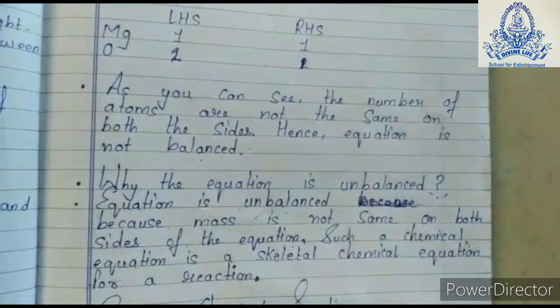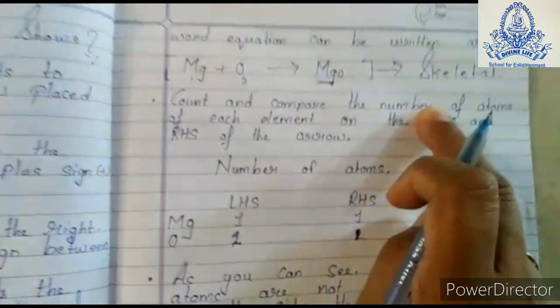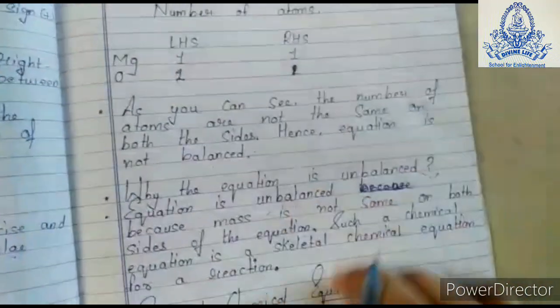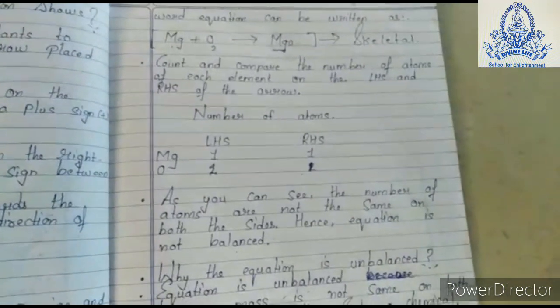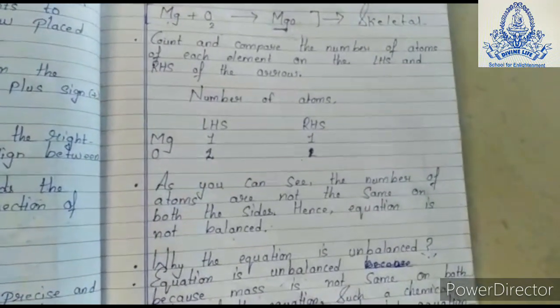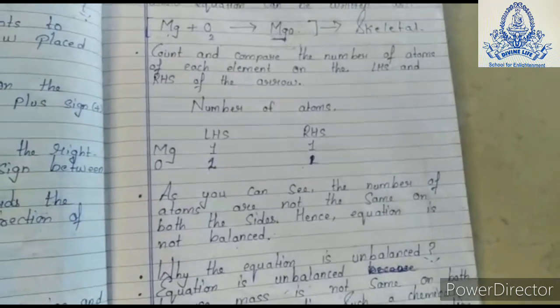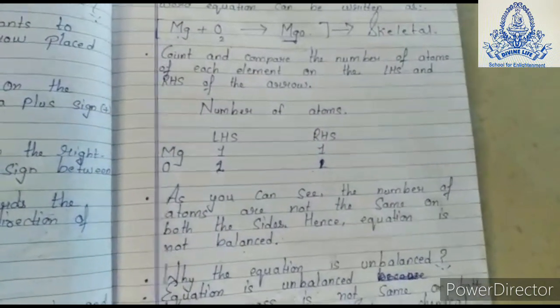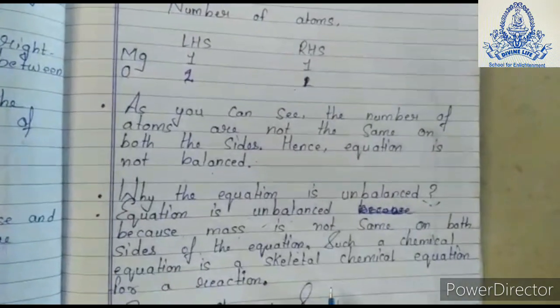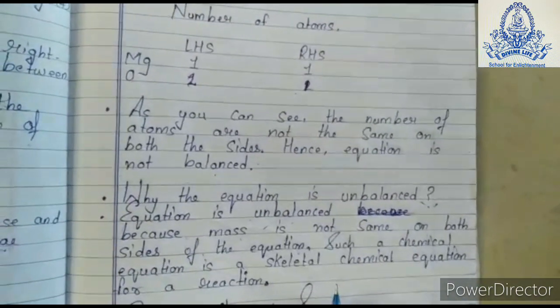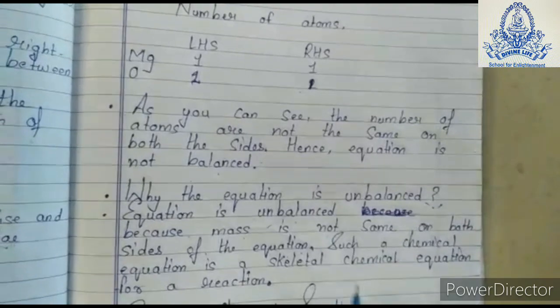It is said to be what? Skeletal chemical equation. Now what kind of chemical equation is said to be the skeletal chemical equation? The chemical equation which is not balanced is said to be what? Skeletal chemical equation for that respective reaction.